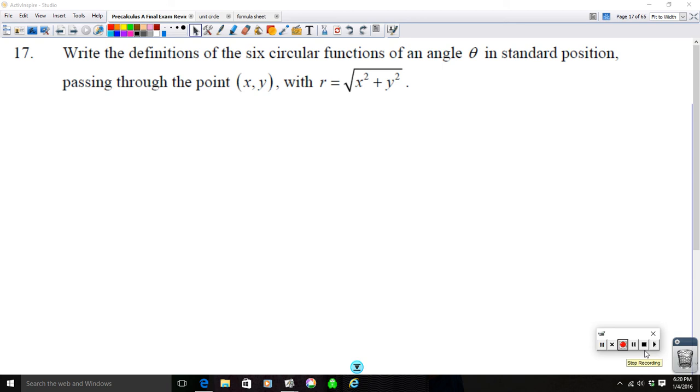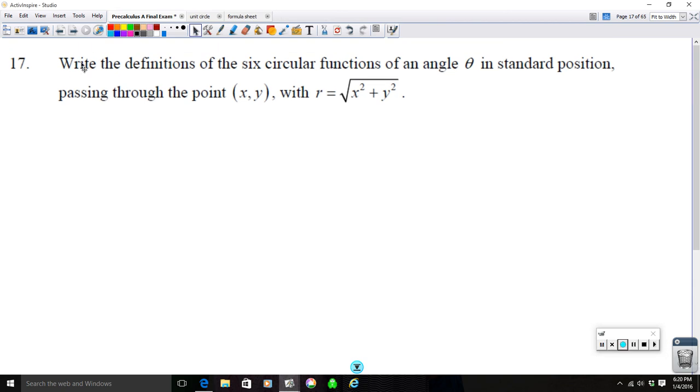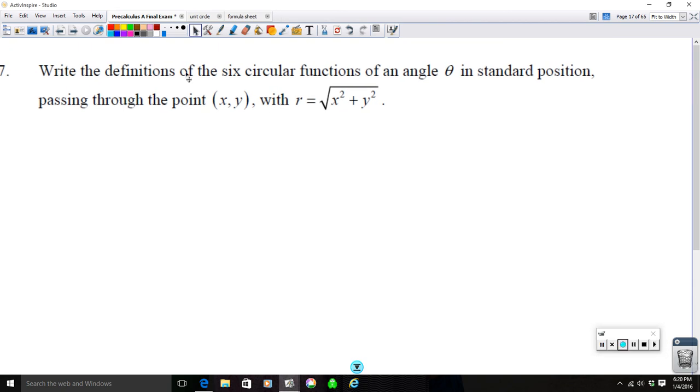Okay, on question number 17, we are going to write the definitions of the 6 circular functions of the angle passing through x, y with a radius of square root of x squared plus y squared. So sine of theta is y over r.